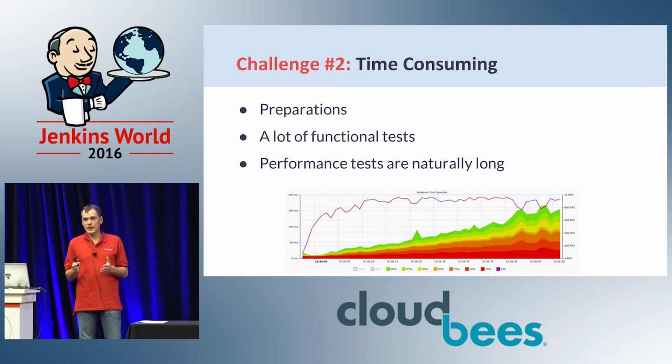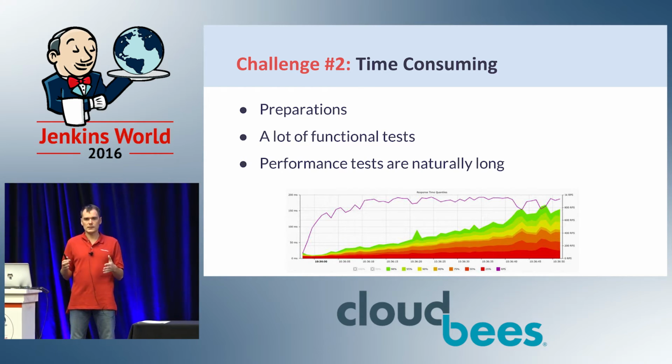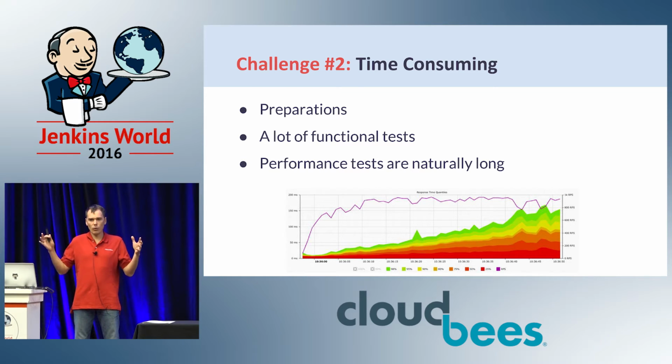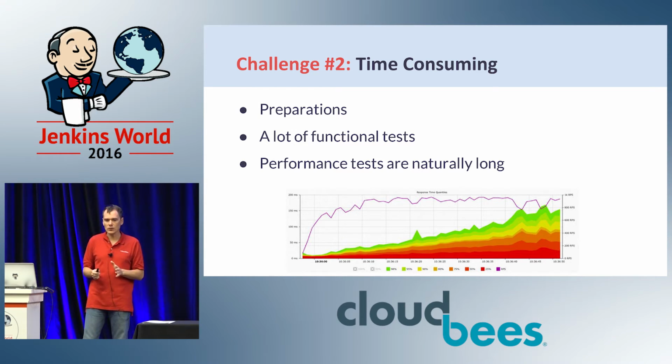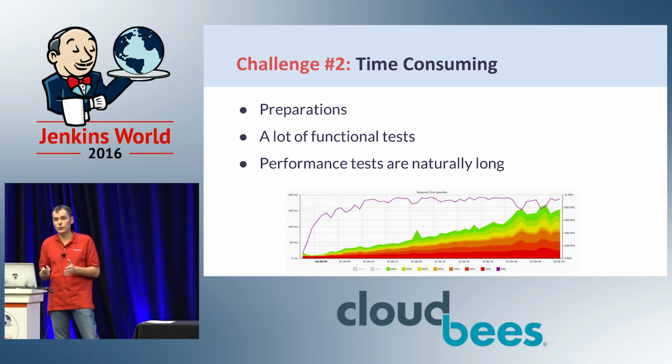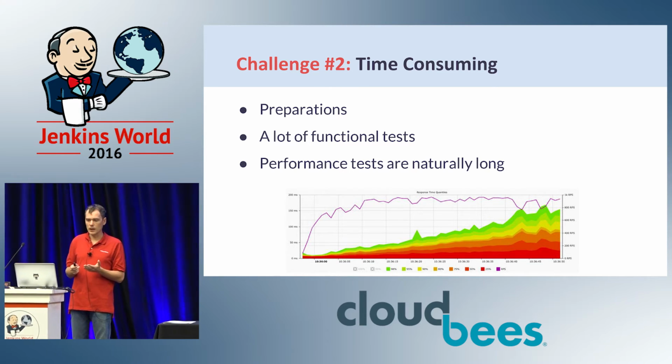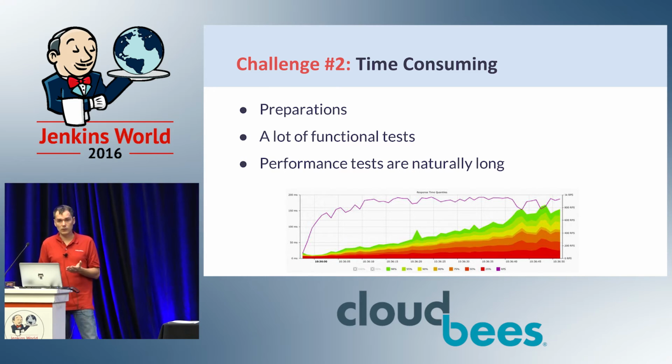But if we say that we need continuous testing, continuous control, a humanless process, we need to somehow take all of these time-consuming things and put them within that 10-minute, okay, 30-minute cycle. We have many functional tests, which causes them to run long, and performance tests are naturally long, running for hours.